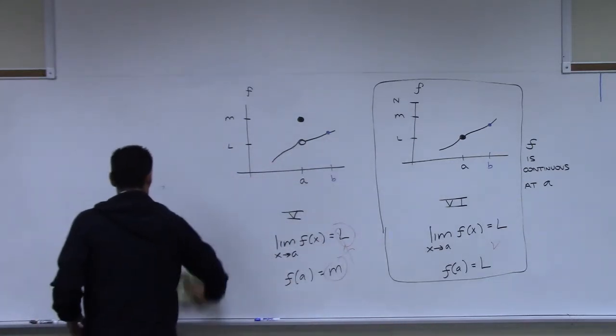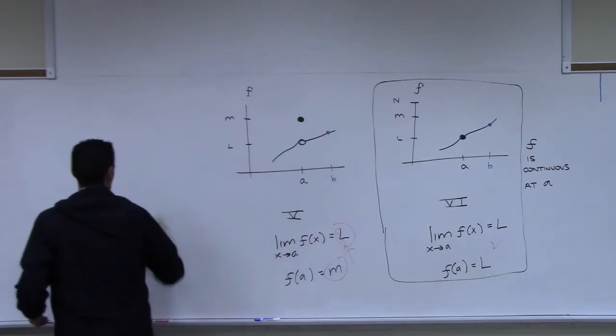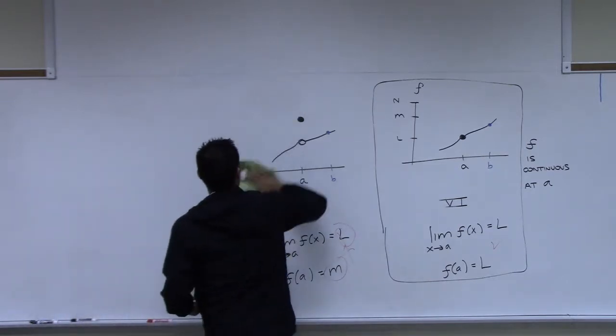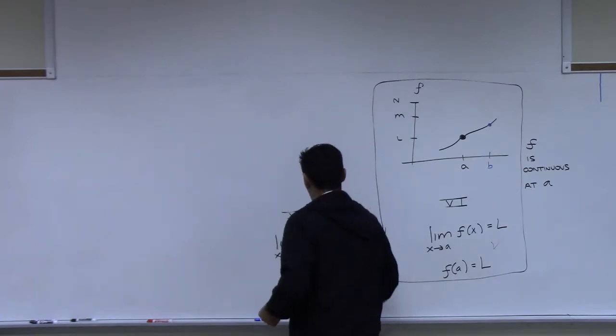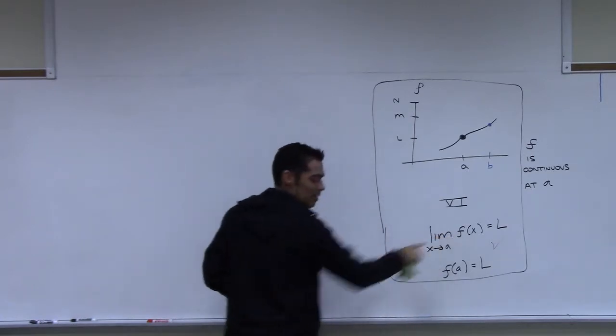So here's the actual technical definition of continuity. And when I put it up on the board, you'll see why I wanted to draw the pictures first. I'm going to leave that one up there.